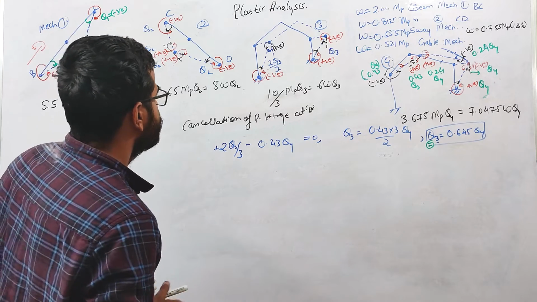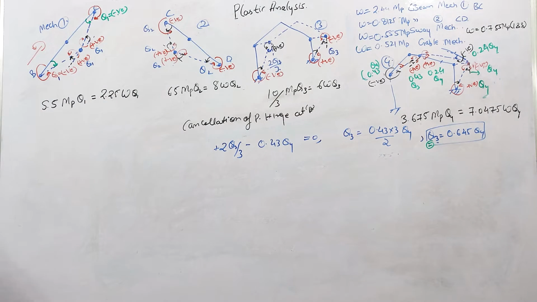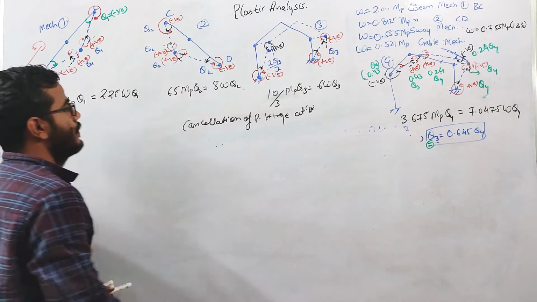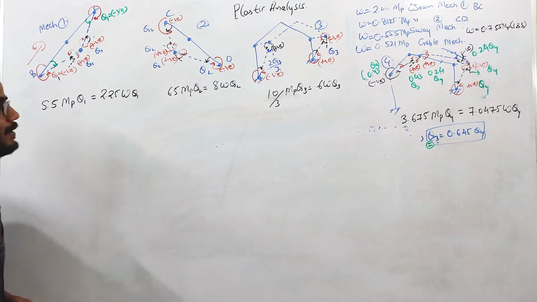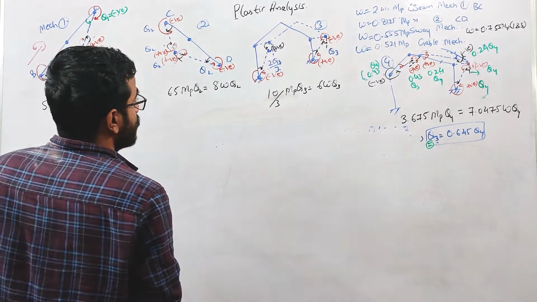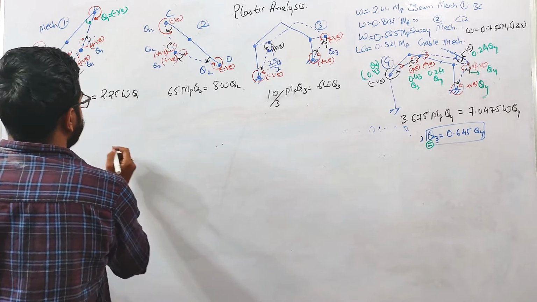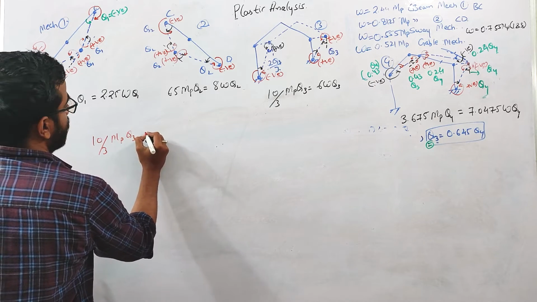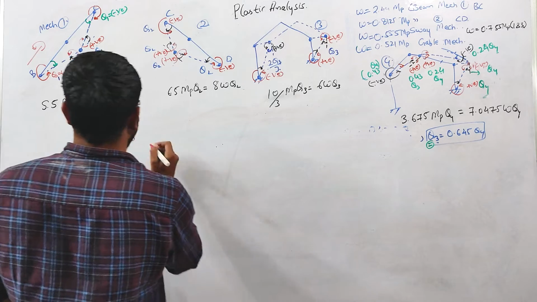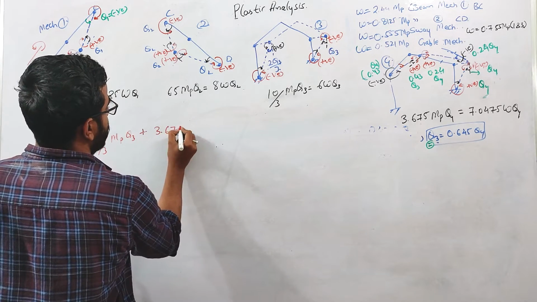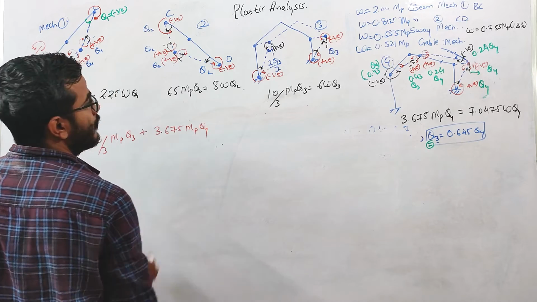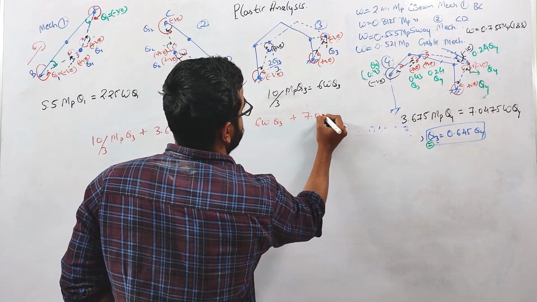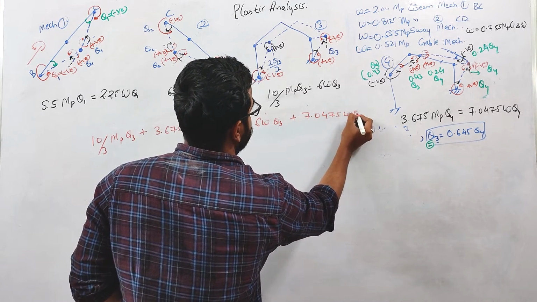So now we'll combine this. In this mechanism, this is 10 by 3 MP theta 3, plus 3.675 MP into theta 4, and this will be equal to 6W theta 3 plus 7.0475 W theta 4.